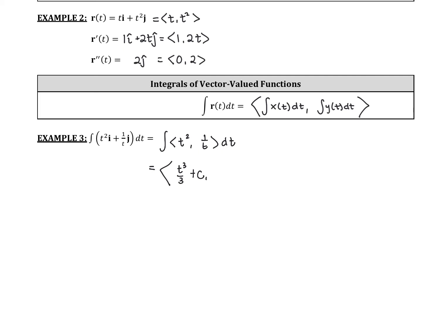But I need a plus c, because when I do an indefinite integral, we need that constant of integration for each component. So I take the integral of 1 over t, I'm going to get the natural log of the absolute value of t, but I also need a constant of integration there. So you need a plus c for each component.